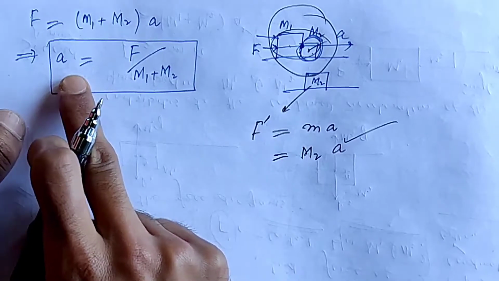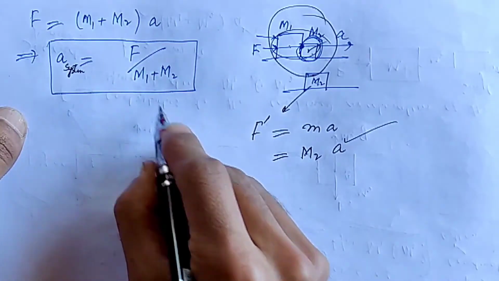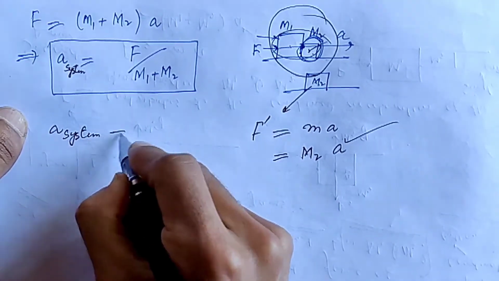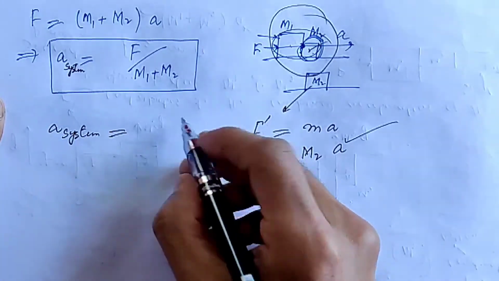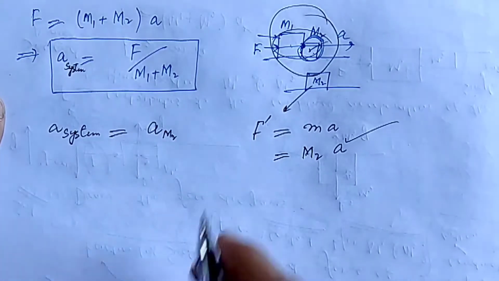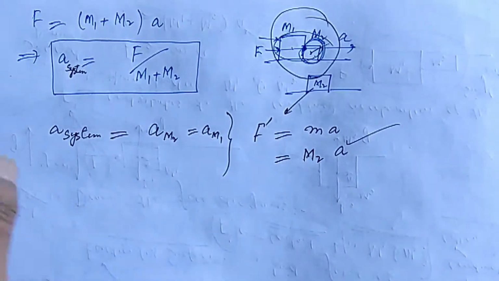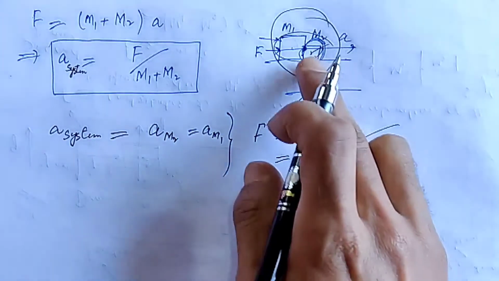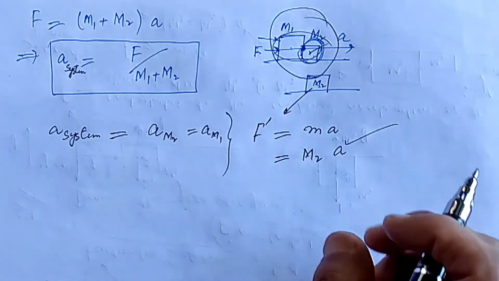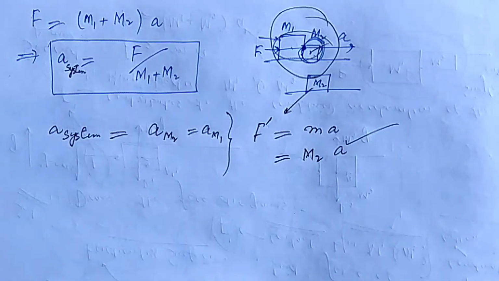The acceleration of the system is given as this. Since the acceleration of the system is the same as that of m2, which is equal to the acceleration of m1, all the accelerations are the same. m1 is moving with the same acceleration as m2, and m2 is moving with the same acceleration as the combined system.